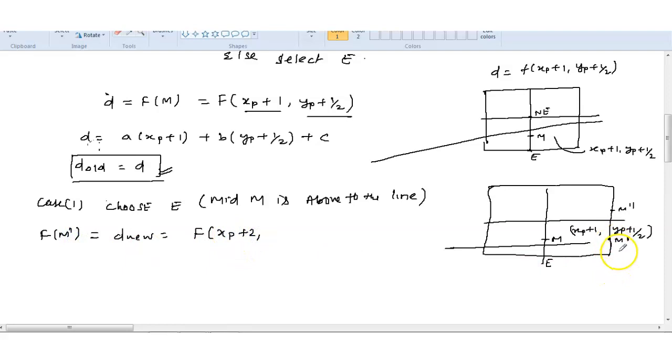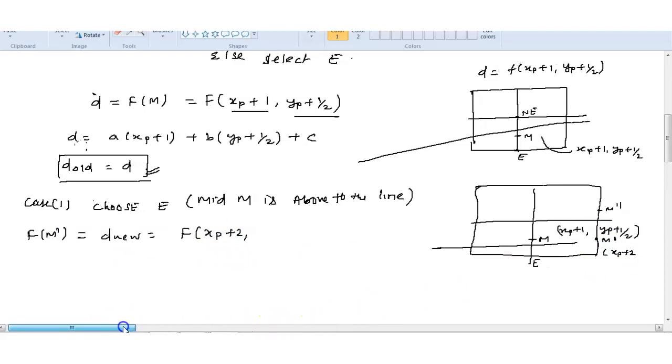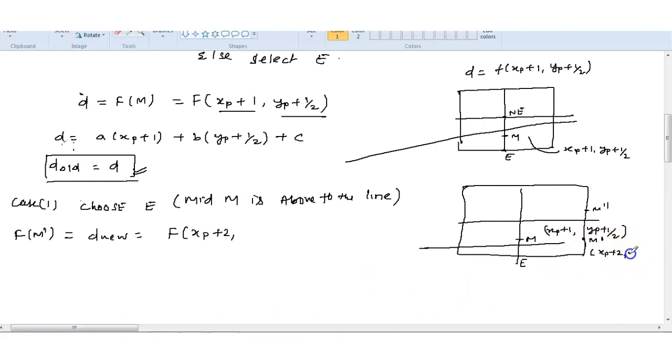The x coordinate of m dash is xp plus 2, and the y coordinate will be the same, yp plus half. This point is parallel to the same point, m dash m, so the y coordinate will not change. So here we get the m dash coordinate as xp plus 2 and yp plus half.